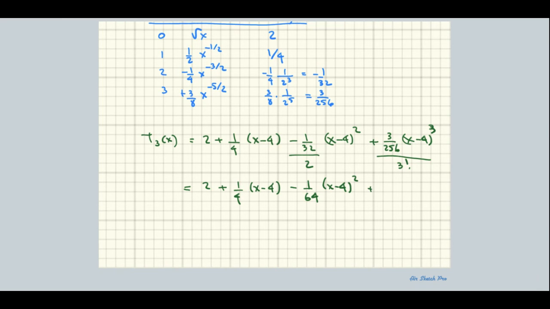The 3 cancels, I end up with a 2, 1 over 512 x minus 4 cubed. And there would be more powers. This is why I call this one T3x. And I'll stop there and make sure that everybody agrees with my arithmetic. Did my arithmetic check out for the rest of you guys?